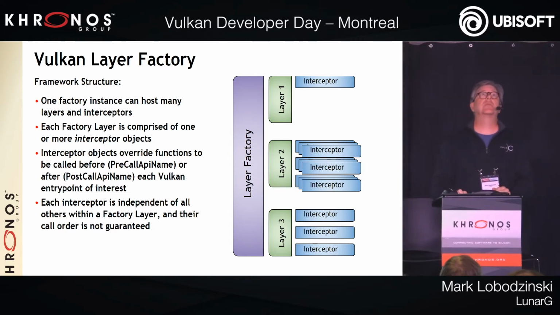So for each interceptor, you can have intercept points for each API, and there's an intercept point for each call before you make the call and after the call is made. So free memory, there's a pre-call free memory intercept point and a post-call free memory intercept point. And that makes it easier to check things before and after the different API calls.